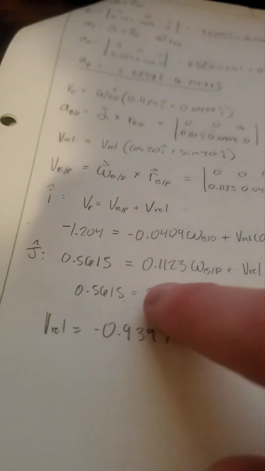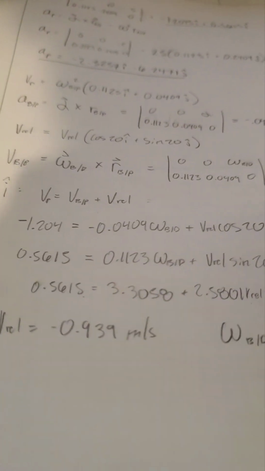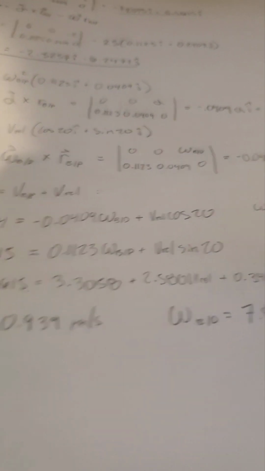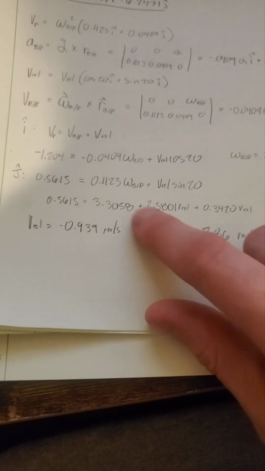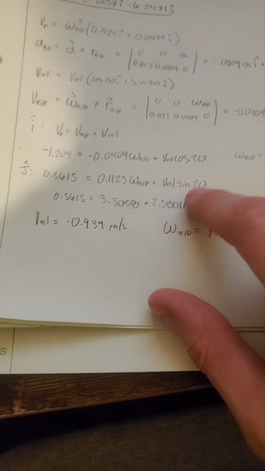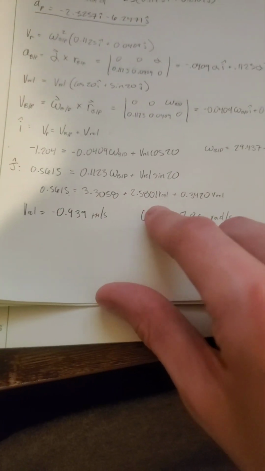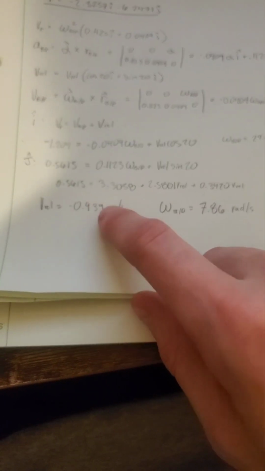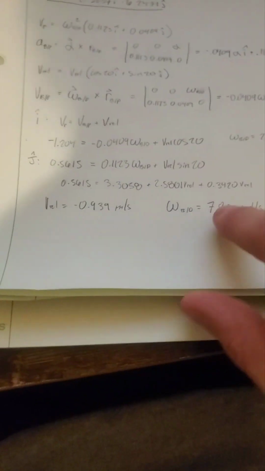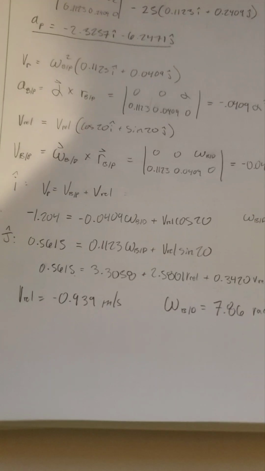And yeah, from there you can just solve for one of them. So I just solved for the angular velocity in terms of v relative, plugged it back into this equation, and that just gives you v relative, and then you can sub it back into this one and solve for the angular velocity. So that's how I solved it.